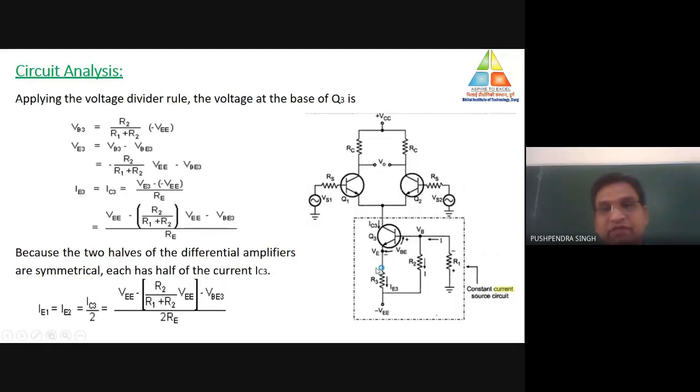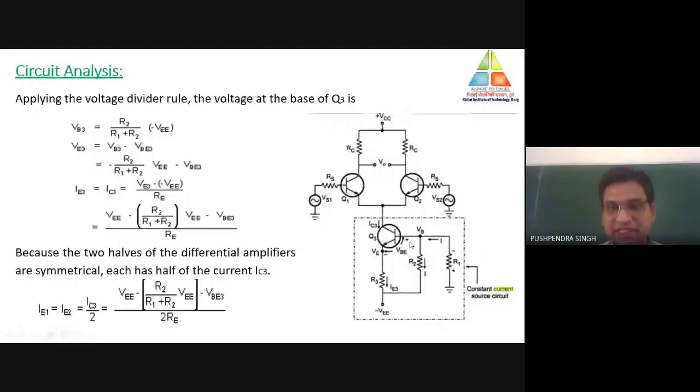So this is the process by which we may easily calculate the emitter current of transistor number 3. So what is VB3? VB3 is equal to minus VEE into R1 divided by R1 plus R2. That is VB3. Now what is VE3? VE3 is equal to VB3 minus VBE3. We have calculated the value of VE3.